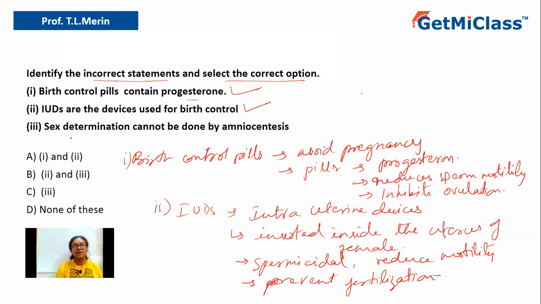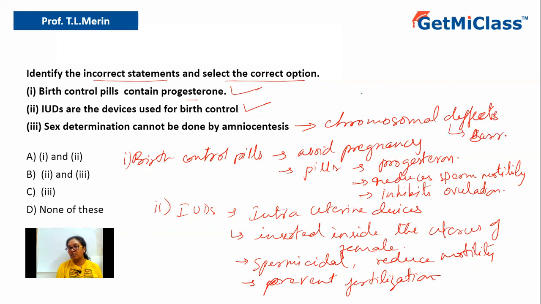The third statement says sex determination cannot be done by amniocentesis, which is wrong, because amniocentesis is done to look for chromosomal abnormalities or defects. Since we are dealing with the chromosomes, we can also look for bar bodies.